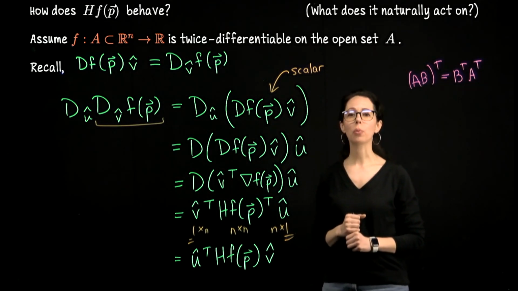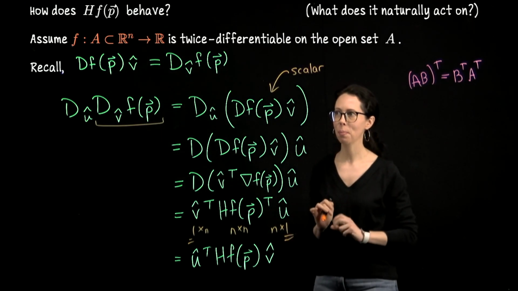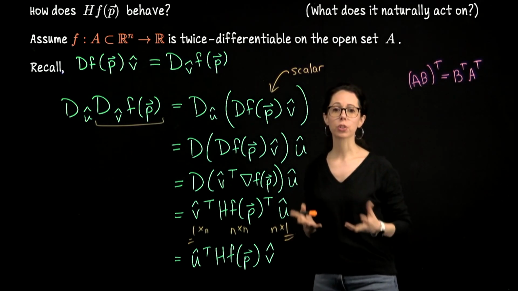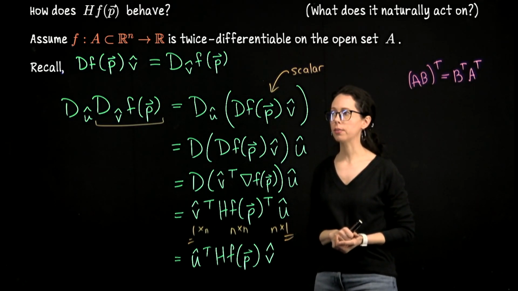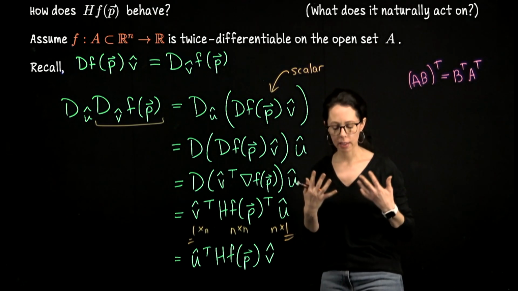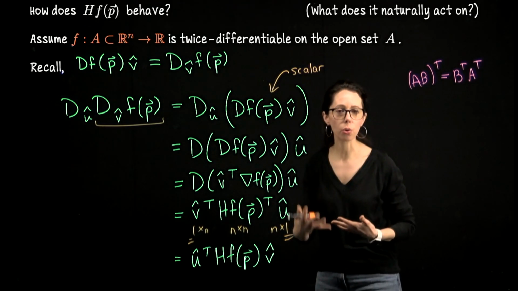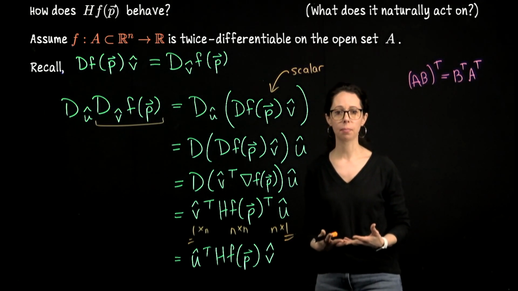To summarize what we have now done, because we've actually reached a conclusion here. When you do the first order derivative, when you compute the Jacobian matrix or the total derivative of a function, you produce a linear transformation. So the Jacobian matrix is the matrix associated to a linear transformation that acts on one vector at a time.